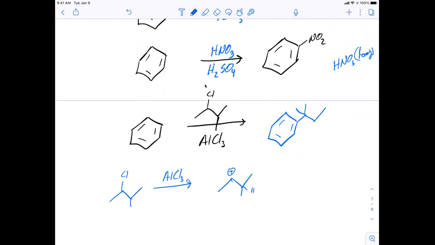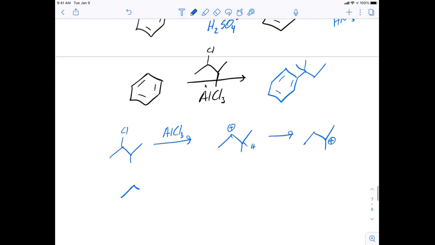But that's a secondary carbocation next to a tertiary group. So then that rearranges to give me this carbocation. That's the most stable carbocation, and that carbocation is the one that reacts with the aromatic. So you get a rearrangement to form the most stable carbocation.